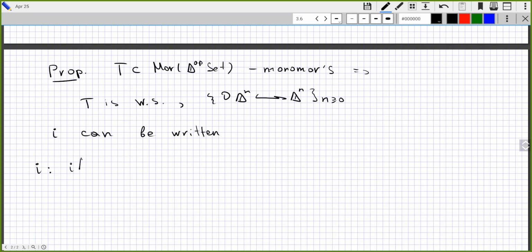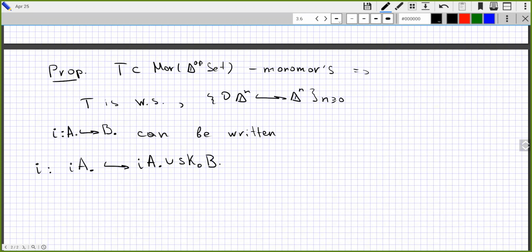So we take an image of this simplicial set A mapped into B. We map that into such a simplicial set, basically the same set but unioned with the skeleton, then like this, with one skeleton, and so on.